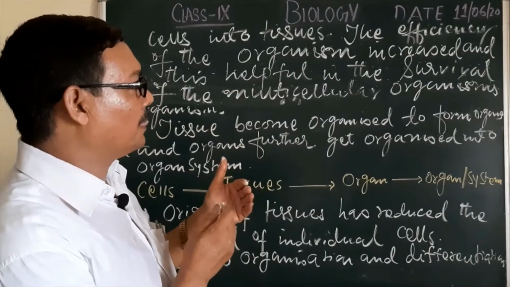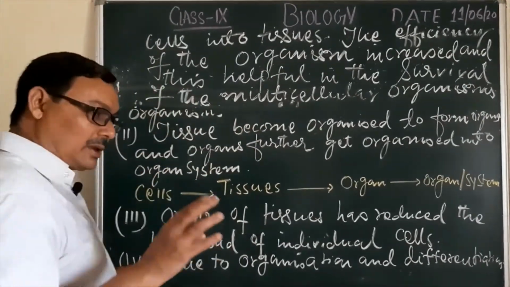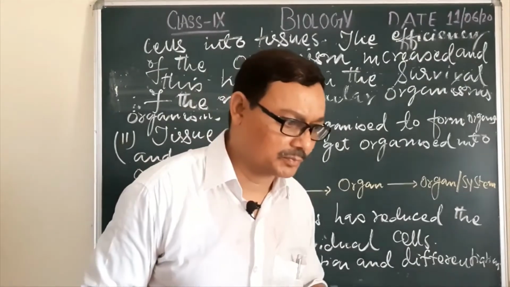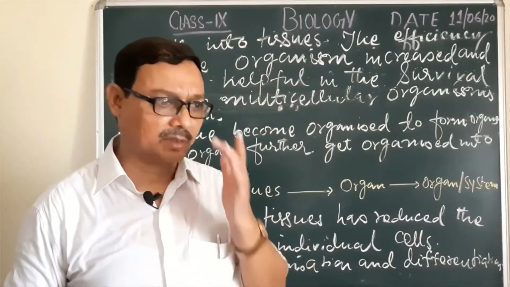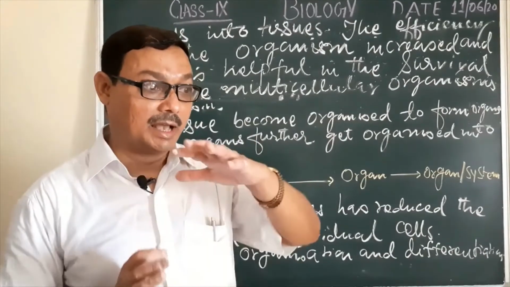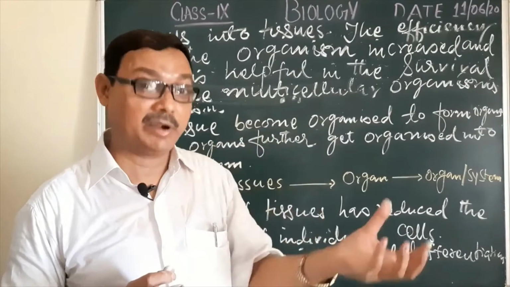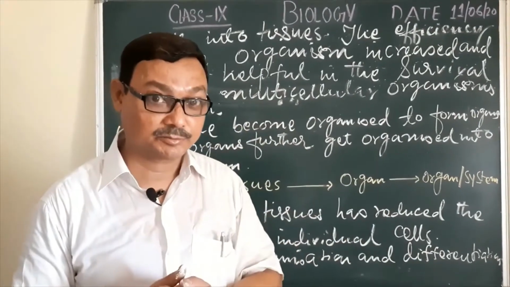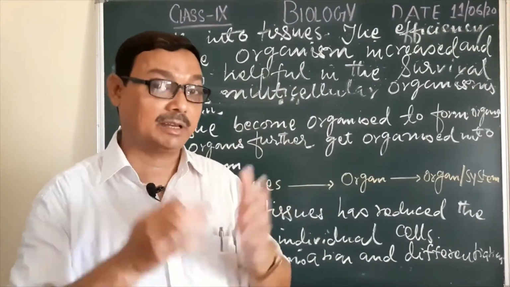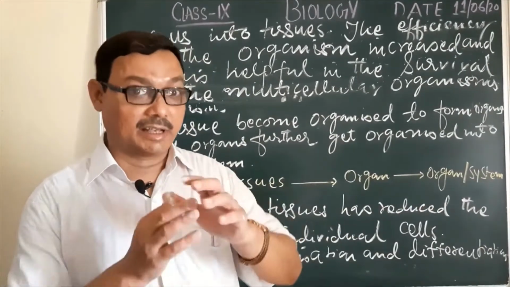How does plant tissue differ from animal tissue? In the plant body and animal body, although both are fundamentally made from the cell, all living organisms, whether plant or animal, are fundamentally alike.